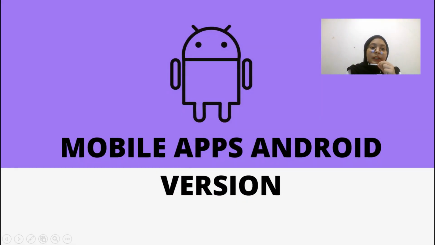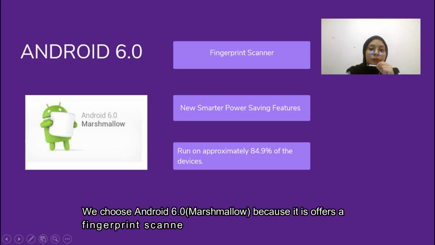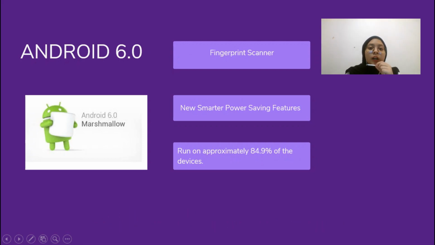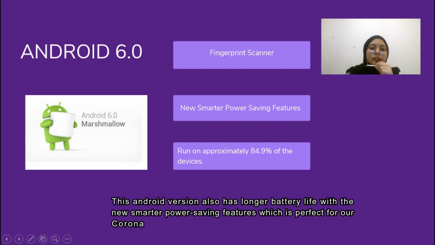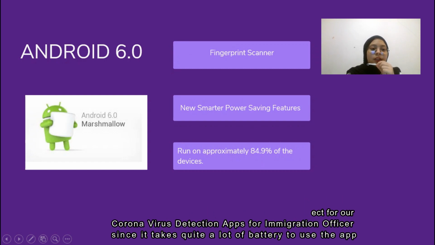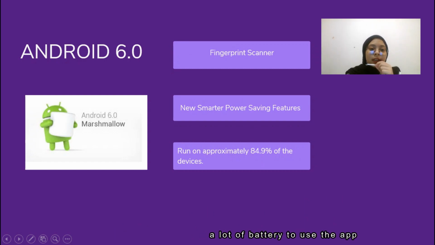So for our mobile application Android version, we choose Android 6.0 Marshmallow because it offers a fingerprint scanner to be used with our sensors. This Android version also has longer battery life with the new smarter power saving features, which is perfect for our coronavirus detection apps for immigration officer, since it takes quite a lot of battery to use the app.